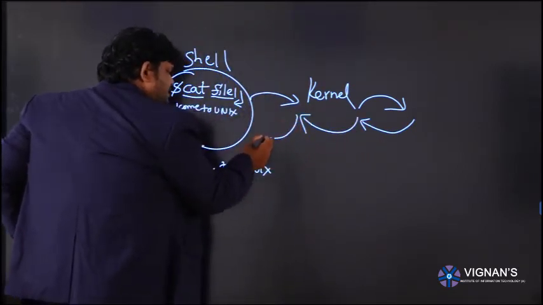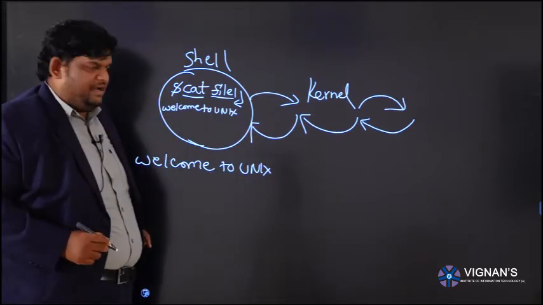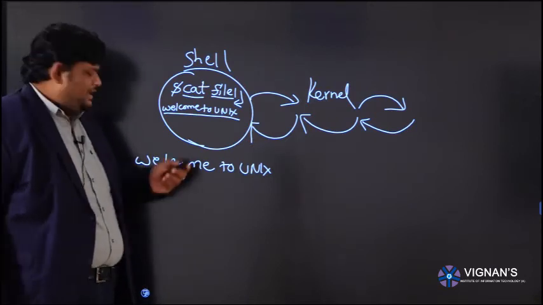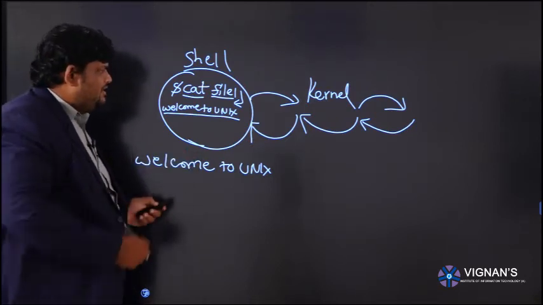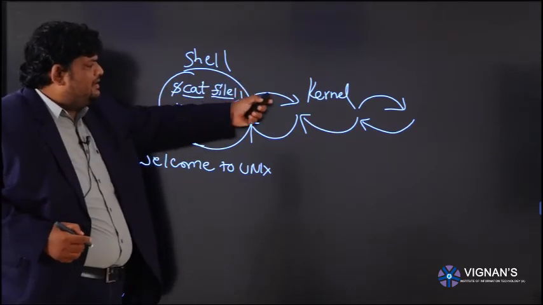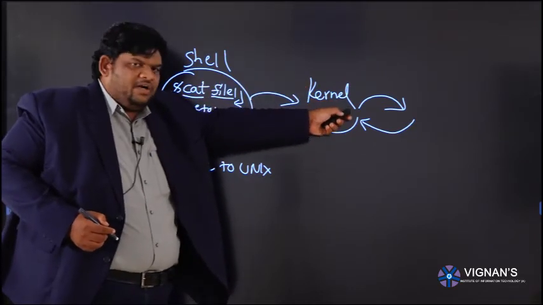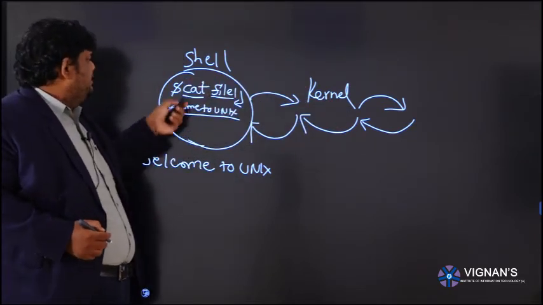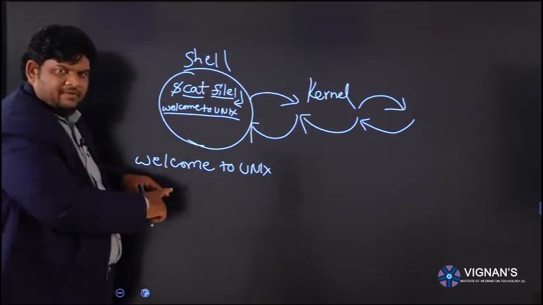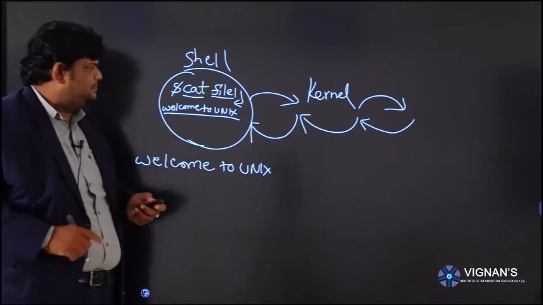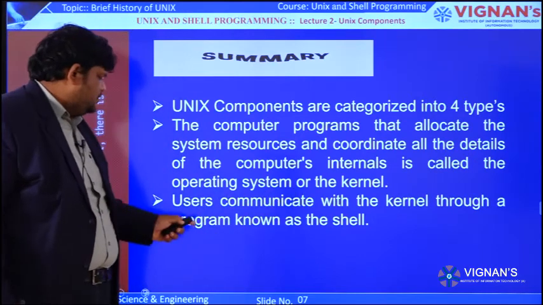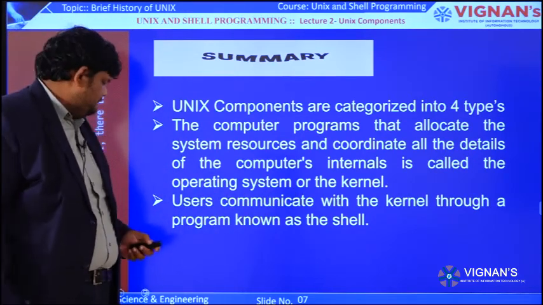Again the shell converts it into a human understandable format, so we get the output, welcome to Unix. Like that all the components of Unix work internally. The shell sends a request to the kernel, the kernel gets it from the hardware, sends it back to the shell, and the shell displays that output to the user on the monitor, which is also known as standard output. Like that, the user communicates with the kernel through a program known as the shell.